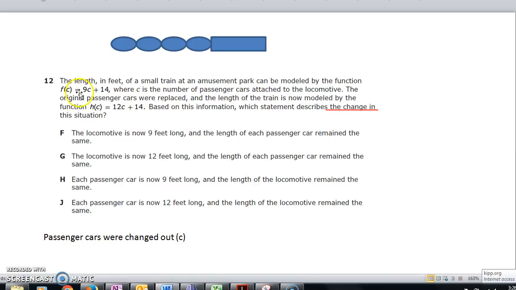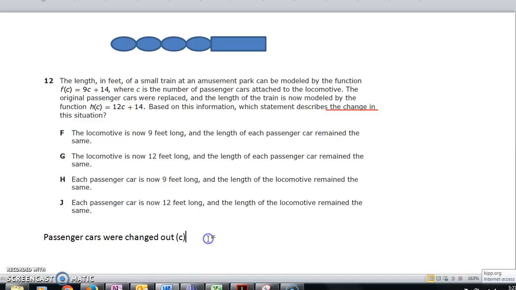And if I look at my two functions, I also notice that that's true. Something's happening with c. Over here, it used to be 9c, and over here, it changed to 12c. So it used to be 9c and it changed to 12c. So something happened with my passenger cars.